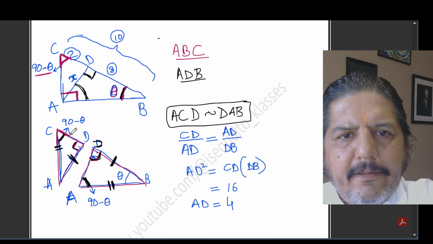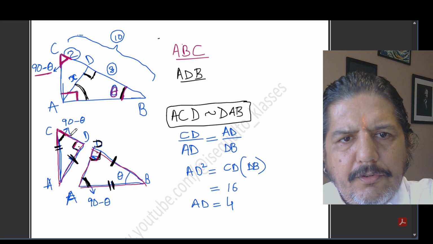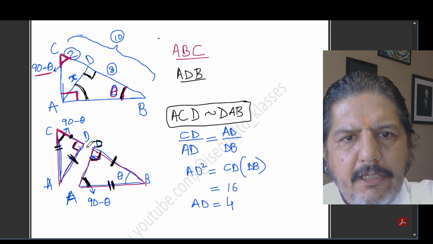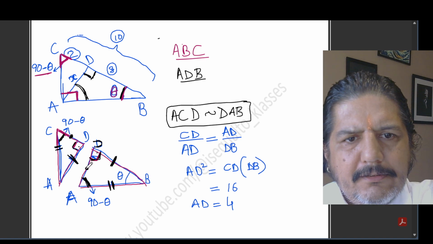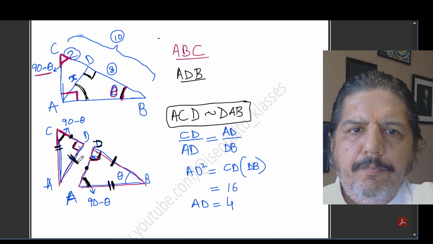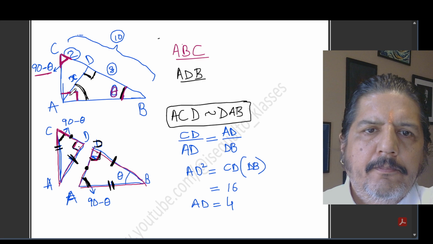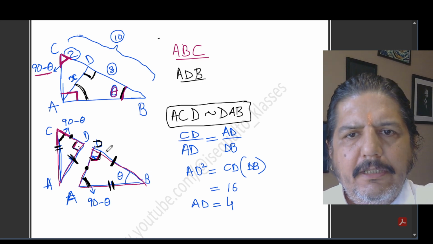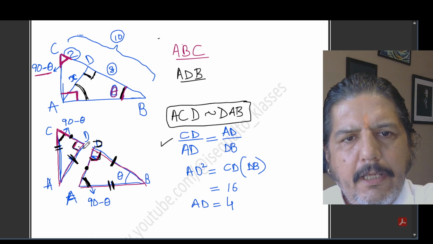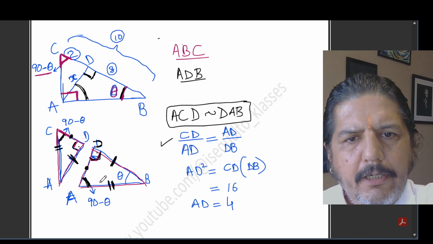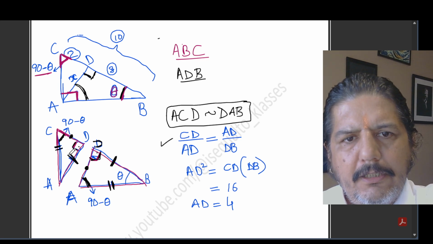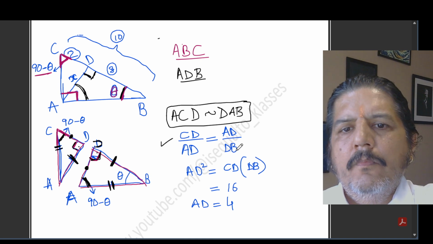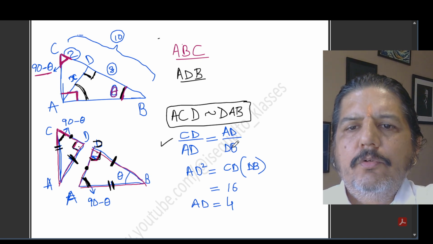So now this side CD and this side AD would be the third corresponding pair. So CD upon AD is equal to AD upon DB. See, these are the corresponding sides. And once I have done this, AD square is equal to CD into DB.